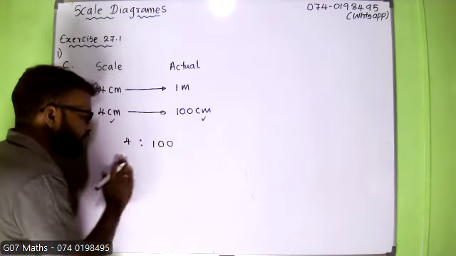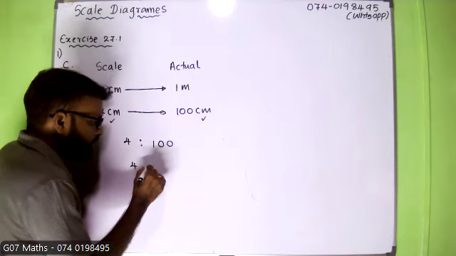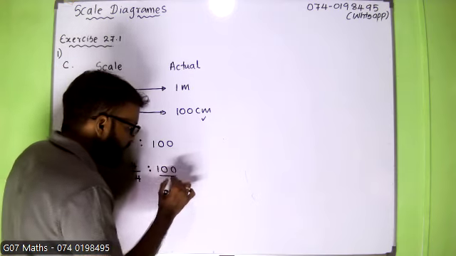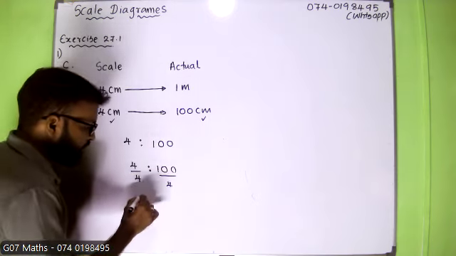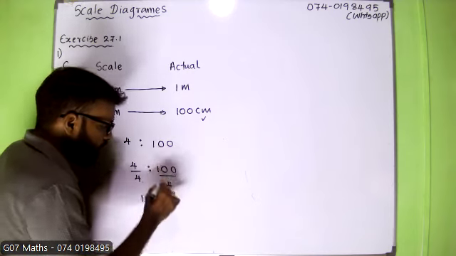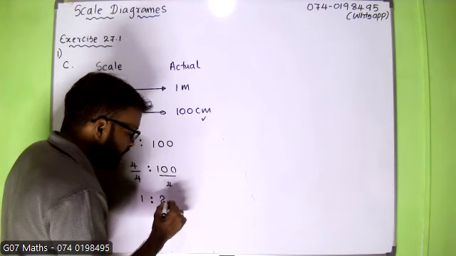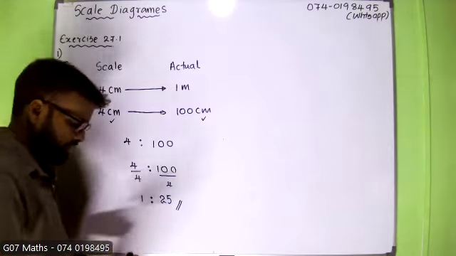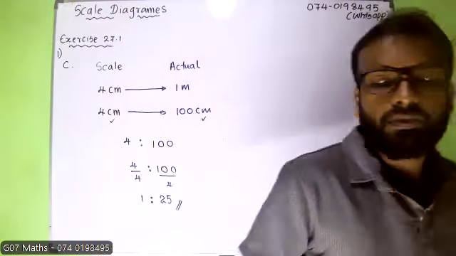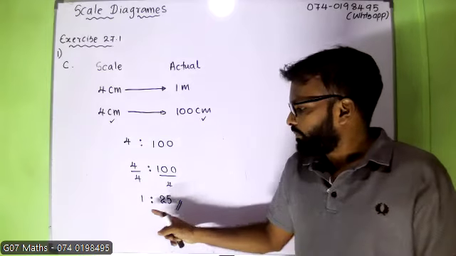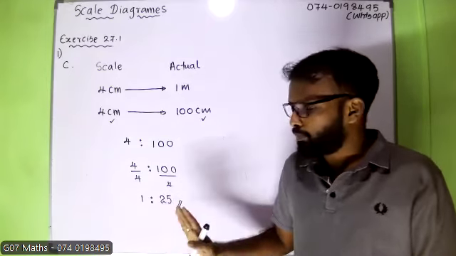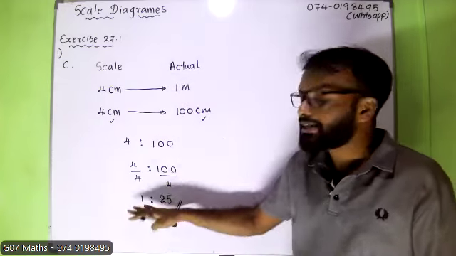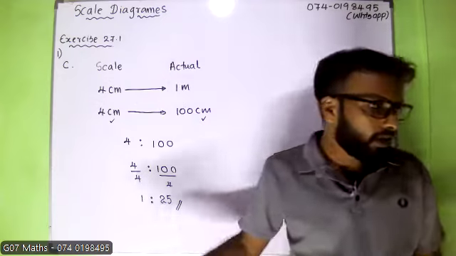I will write it separately so that you can see it clearly. 4 divided by 4 is 1, 100 divided by 4 is 25. So your ratio is 1 to 25. This is the simplest form in which you can represent your scale length as a ratio.